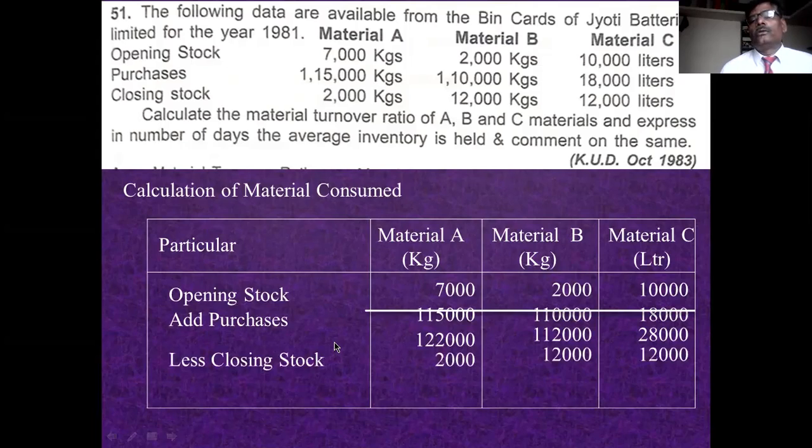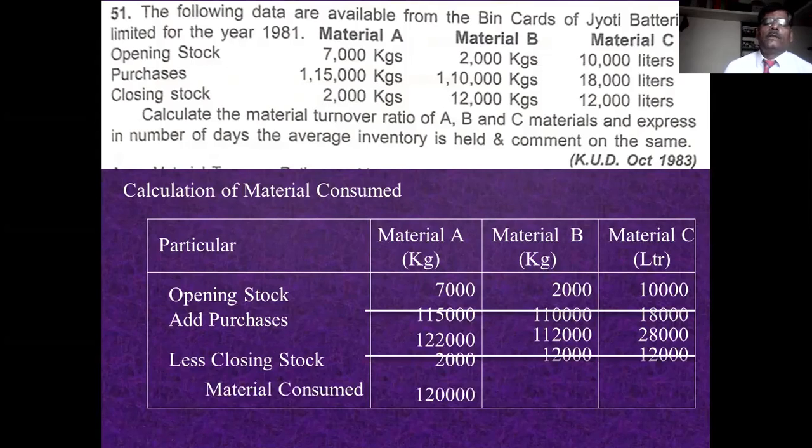Closing stock is 2,000, 12,000, 12,000. You deduct it. Balance is material consumed. Material consumed is 1,20,000, then next is 1,00,000, third is 16,000. Like this, you calculate. I put the wrong lines in a wrong place. You make it correct.